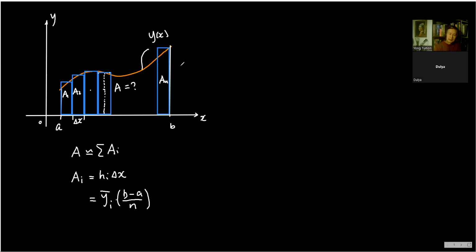So this is the basic idea to work it out. This is an approximation method, with i from 1 to n. You just use n rectangles to approximate that irregular area. So that is the basic idea behind the Simpson method.